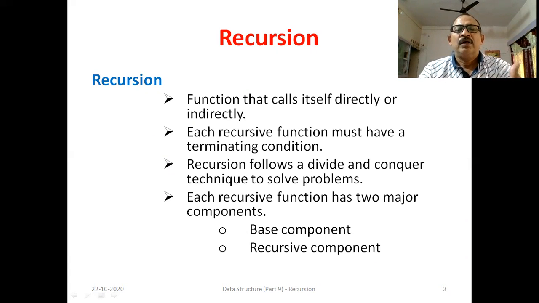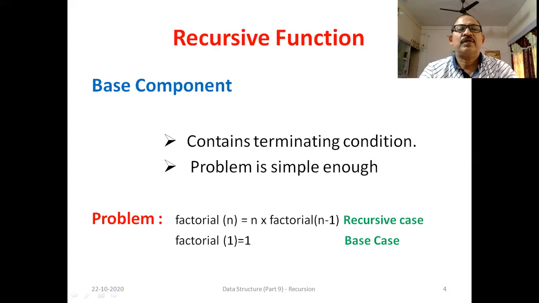Okay. So each recursive function has two major components, a base component and second is a recursive component. Let us see what is a base component. In base component, we write the problem which is simple enough to be directly solved without making further calls to the same function.